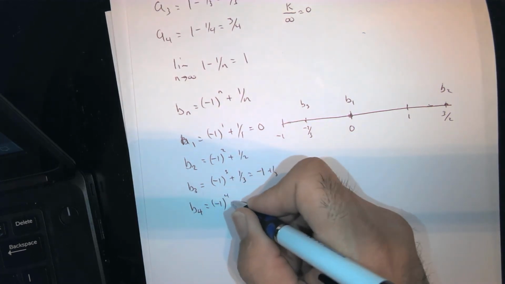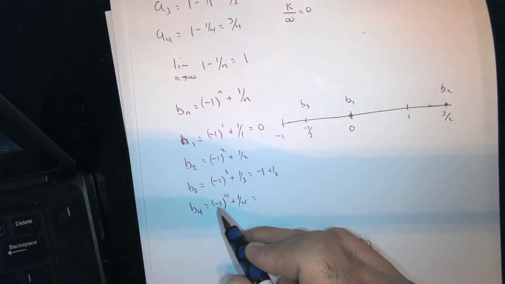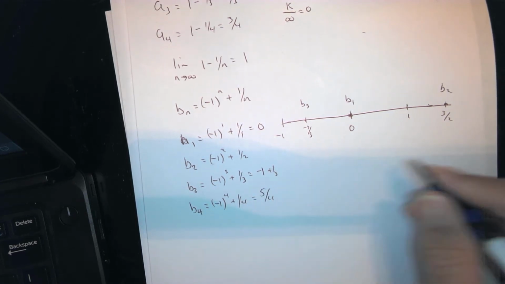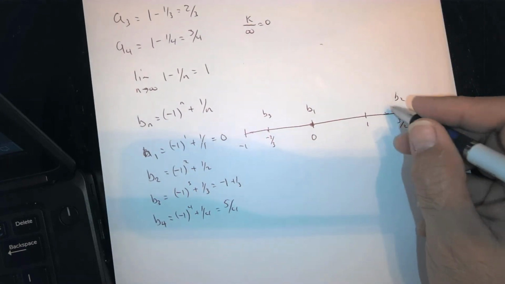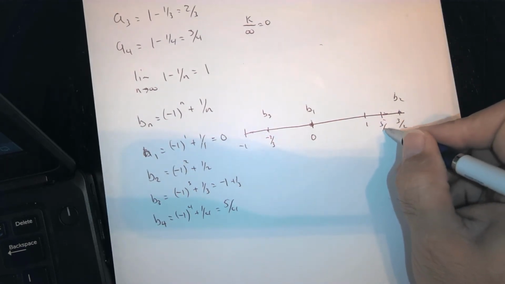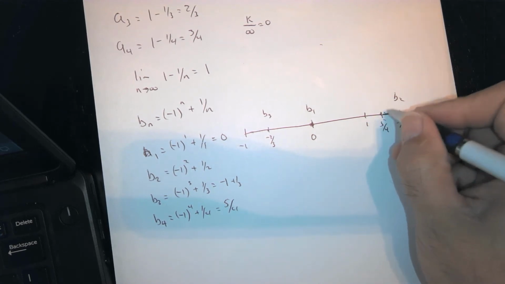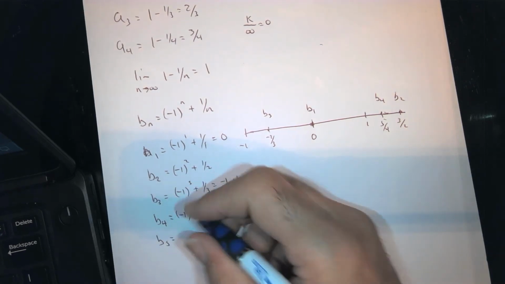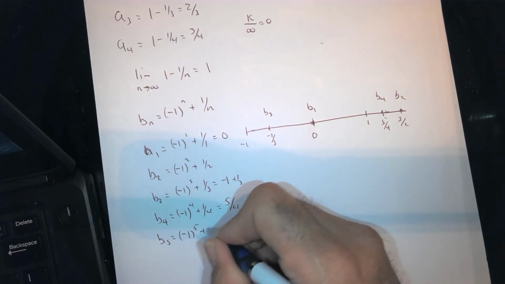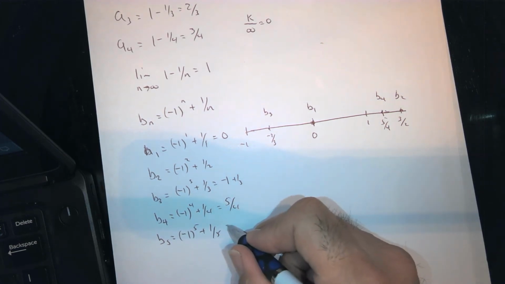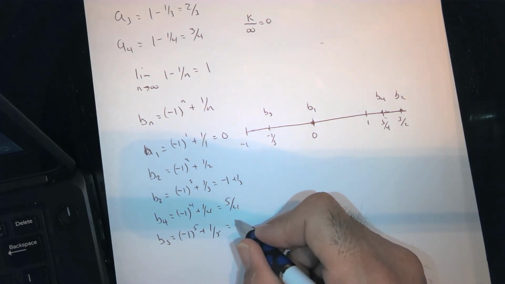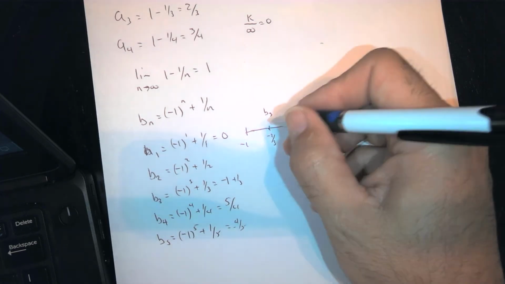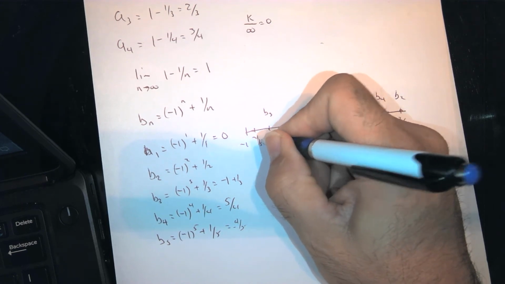It's negative 1 to the fourth plus 1/4, and negative 1 to the fourth is 1, plus 1/4 is 5/4, and 5/4 is going to be about right here. There's b sub 4, and b sub 5 is going to be negative 1 to the fifth plus 1/5, and that's negative 1 plus 1/5, that's going to be negative 4/5, I do believe. Yeah. So here it's negative 4/5.